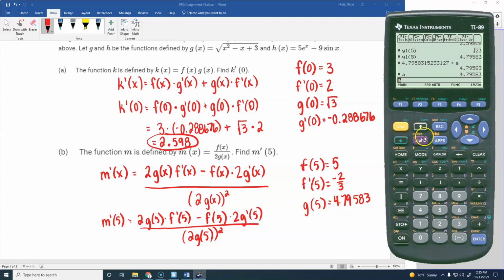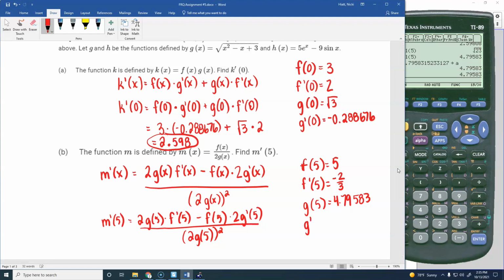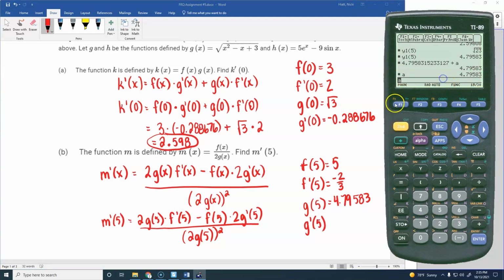Okay. We also need g prime of 5. So for g prime of 5, we are going to go F3, differentiate, Y1 of X, comma, X, close parentheses, such that X equals 5. Oh, I should hit the green button.